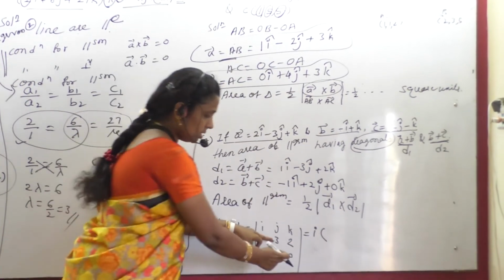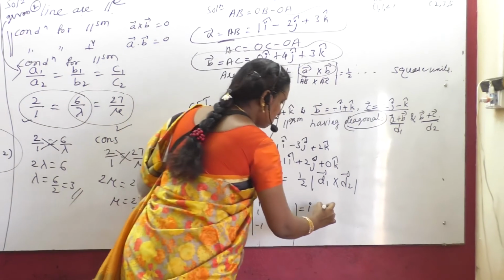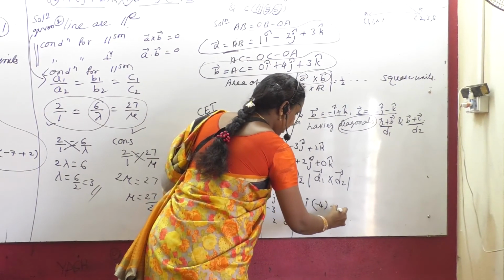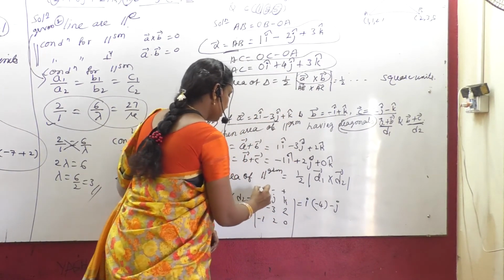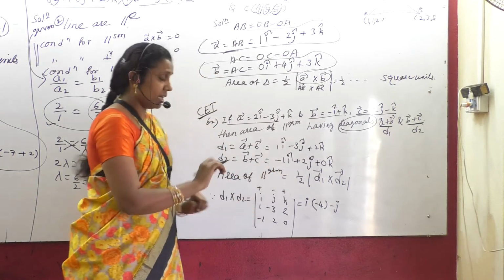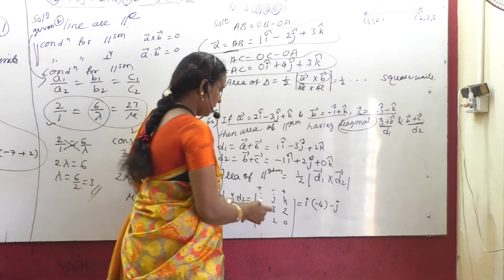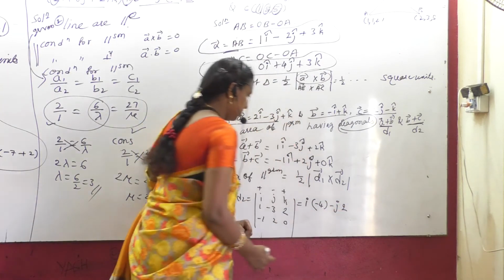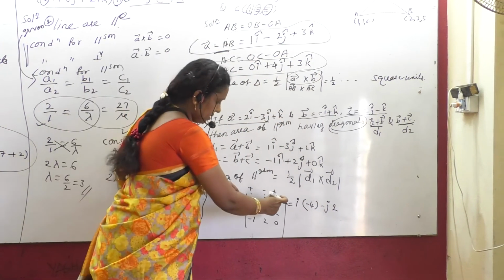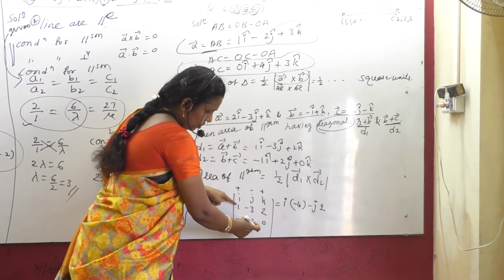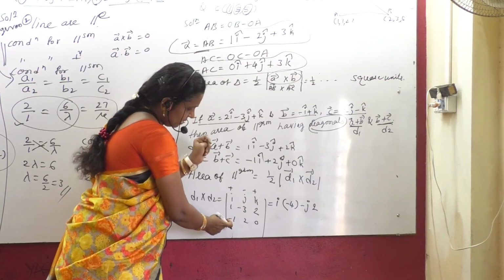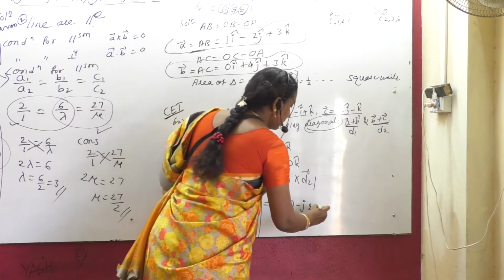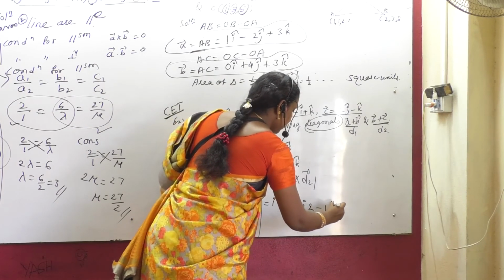This is 0 minus 4, minus 4. Minus j because the signs go plus minus plus. The second one is minus. Minus j, 0 minus of minus, that is plus 2. Next k. Leave this column and row. 2 minus 3. 2 minus 3 is what? Minus 1k.